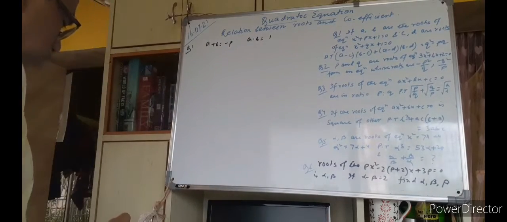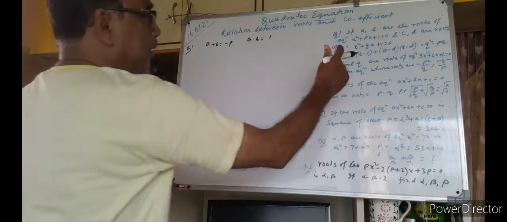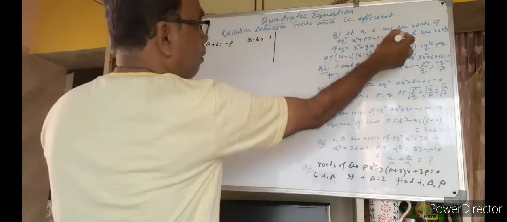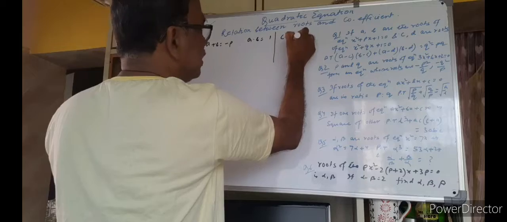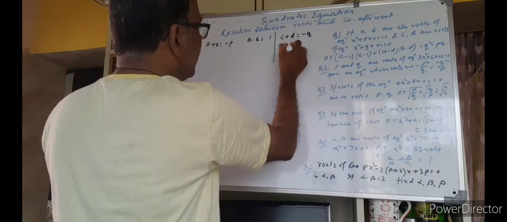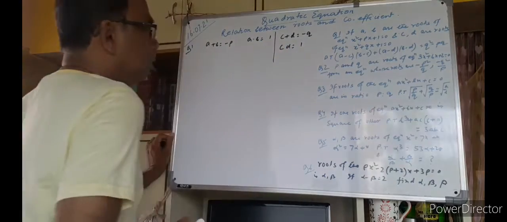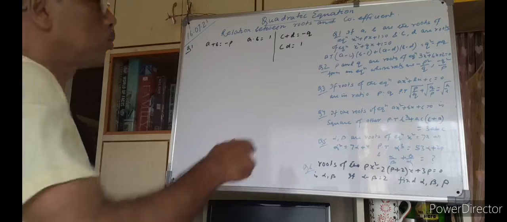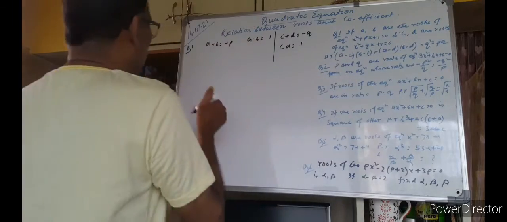The sum of the roots c plus d is minus q, and cd is 1. Prove that this equals q squared minus pq.